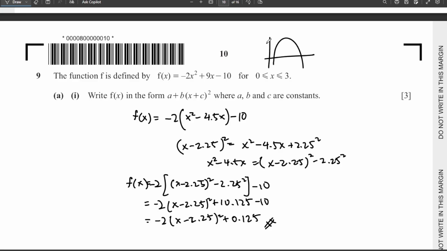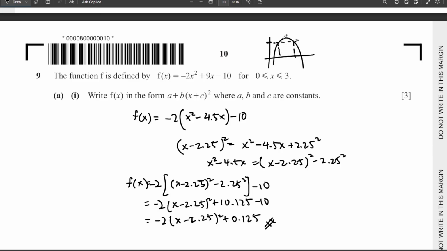for each value of y, there will be two different possible values of x. So that will be a many-to-one function, as we call it. For two different input values, there will be the same output.